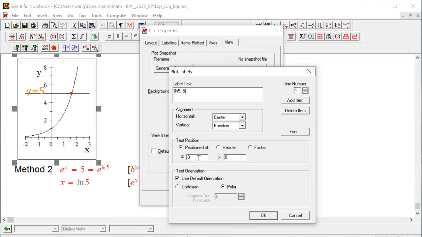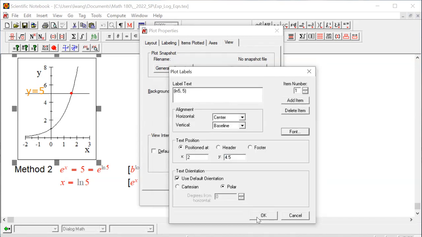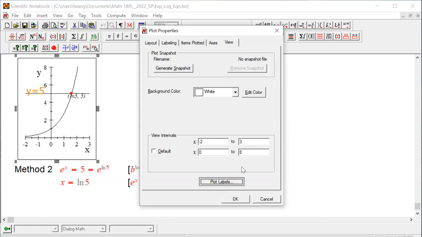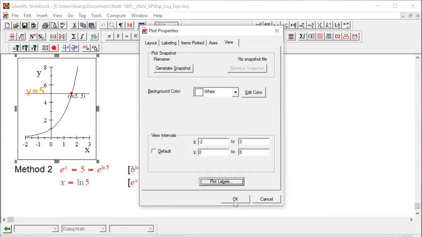And where should it be? Let's put it just around 4.5. I'm just estimating which place it should be placed. It's trial and error. So it looks like I should move it just a little bit, to see if that works.